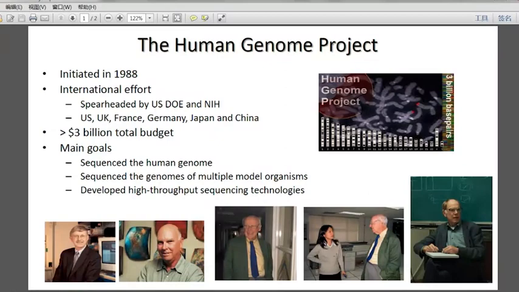These photos were taken when Dr. Watson visited our Center for Bioinformatics at Peking University in 2007. This gentleman, Dr. Maynard Olson from University of Washington, is a member of the U.S. National Academy of Sciences and also one of the early founders of the Human Genome Project.